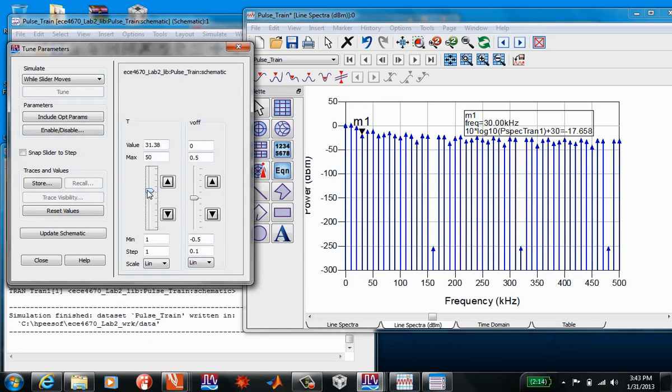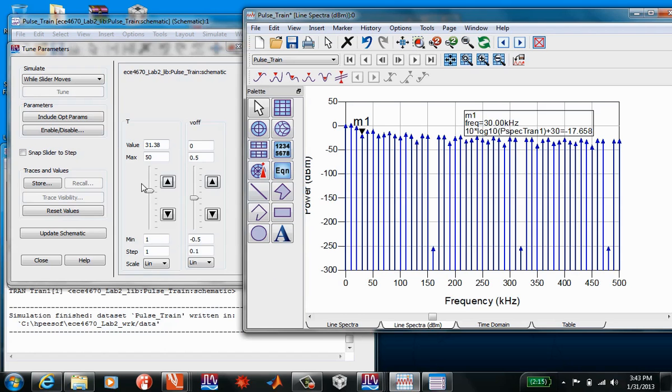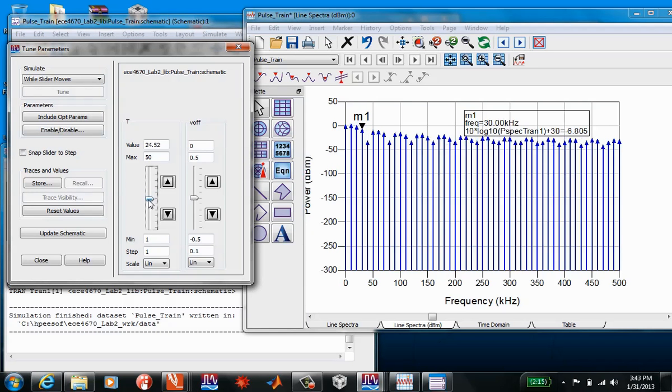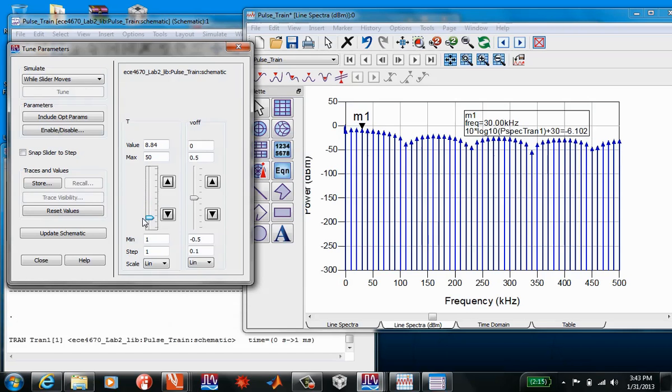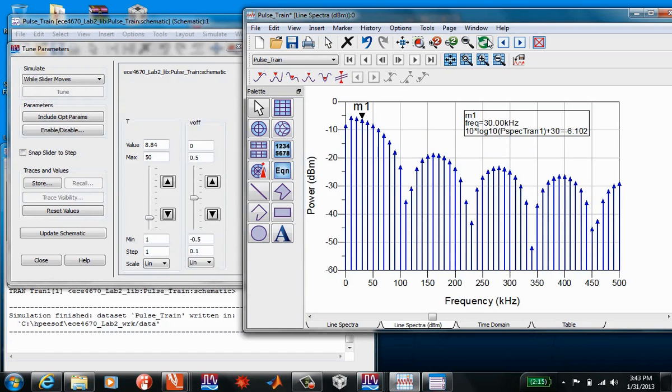There's a few more showing up. It'll start to look more like a sinc function as I bring the duty cycle down even smaller. There, that looks a little bit more like a sinc function, right? I'm almost nulling those guys, and if I tune this a little bit, I'd probably get them perfectly nulled at that point.